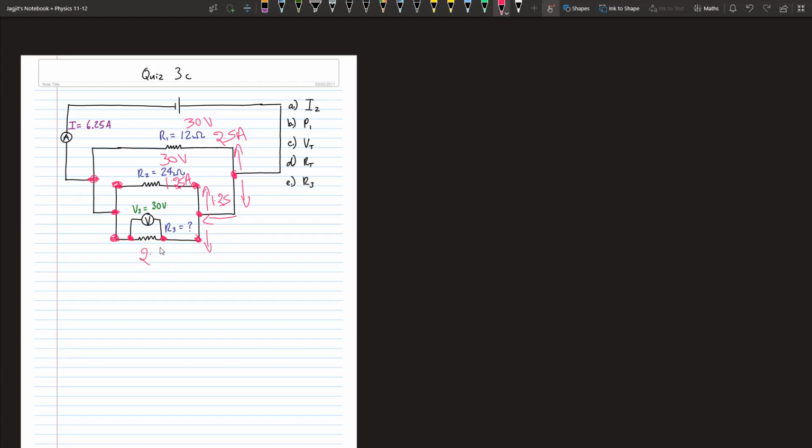That means the current that goes on this resistor is 2.5. We know the voltage, so we can get the resistance. That will be V over R. So 30 divided by 2.5, which is 12. So we know R3 is 12 ohms. Okay, there we go, folks. We found all the voltages, all the currents, all the resistances, and we can find all of these values now.